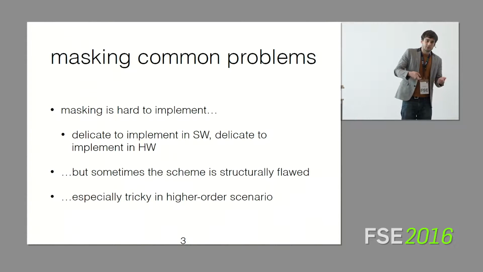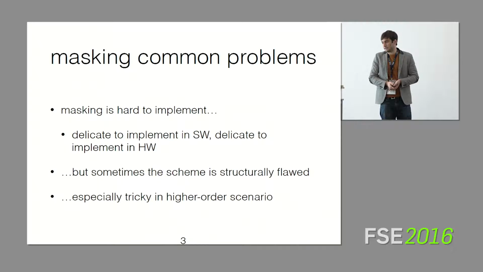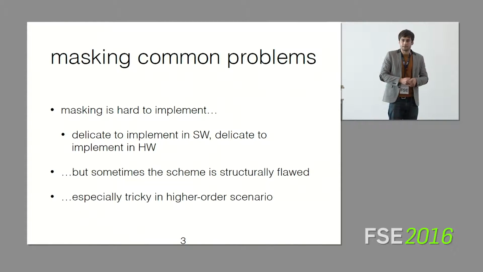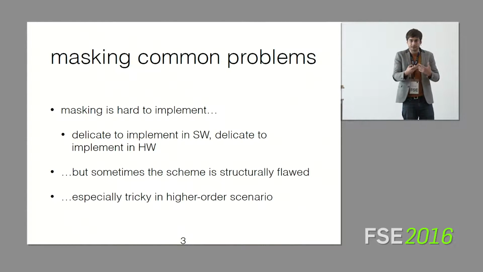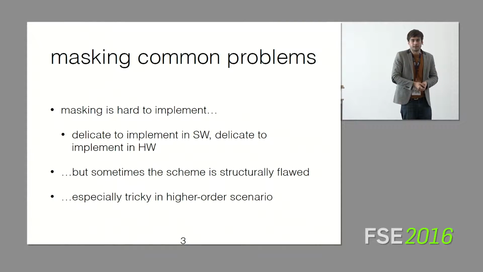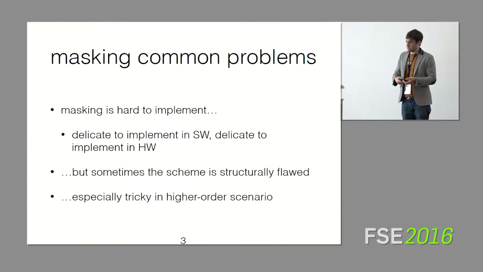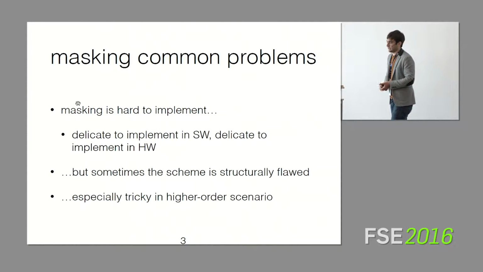This is what we are going to focus on in this paper. We are going to focus on some masking schemes that are structurally flawed, that, as in the paper, are already flawed. And this is especially the case for higher order masking schemes. So this situation becomes more problematic in the higher order scenario.